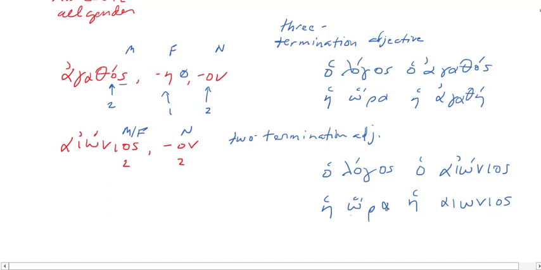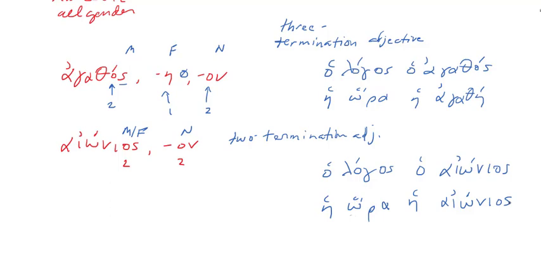What gender is this? Hē hōra? It's feminine. And the feminine form of this two-termination adjective is aionios. In other words, it's going to look exactly like the masculine form because the same form does double duty for both. But the article's different.